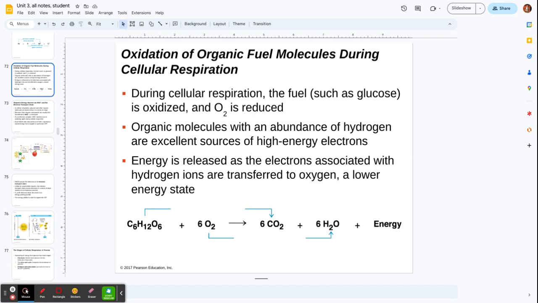Organic molecules have a lot of hydrogen. We talk about C6H12O6, a lot of hydrogens. And along with those hydrogens are a lot of electrons, a lot of high energy electrons.